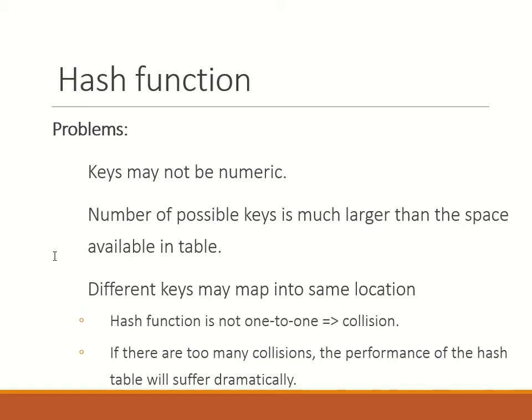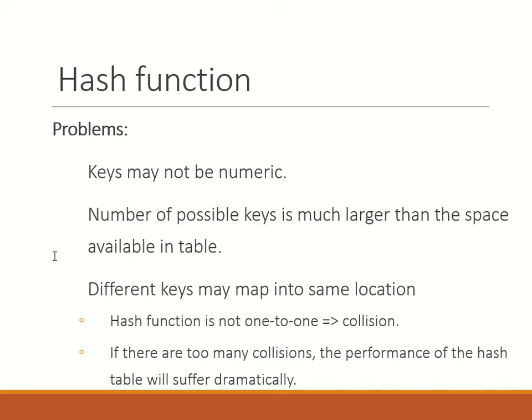Okay, whenever different keys map to the same location, that is also a problem. In the previous example we had John, Phil, Dev and Mary. Suppose John and Dev map to the same index position 3. That phenomenon is called collision.